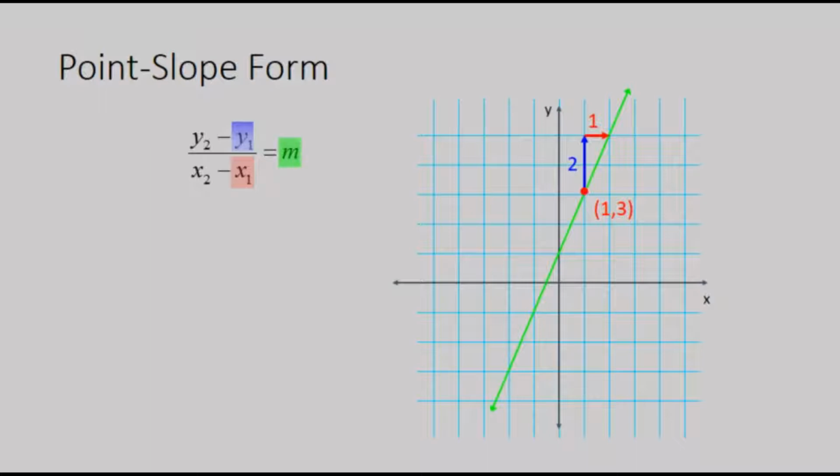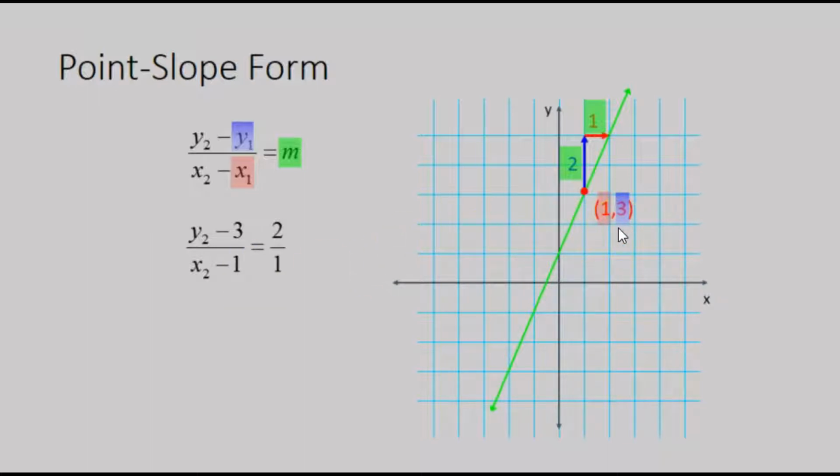We also can derive the slope from this graph. So filling in that information, in place of our y sub 1, we will put the y value from the point. In place of x sub 1, the corresponding x coordinate from our point, we will replace that value with 1 from our point.